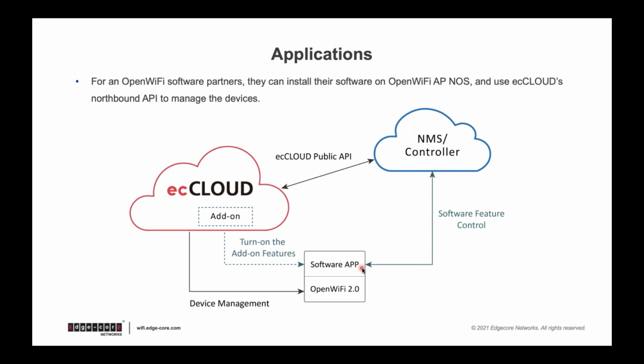This model is for the software vendors to focus on their own features, and they do not need to worry about either the cloud controller side or the hardware side or the software side, because these three parts are provided by the Edgecore OpenWiFi solution.